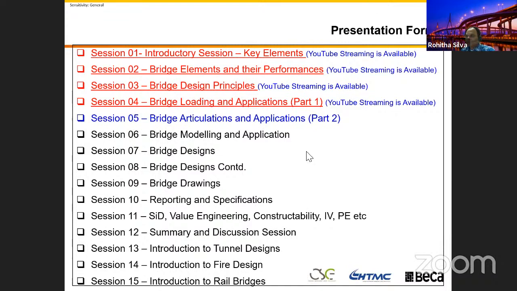Just give me 1 second, please. I'm not sure if I opened up the wrong file. I just need to check.